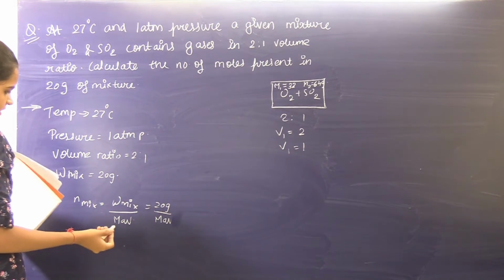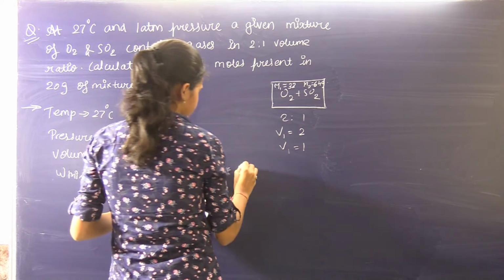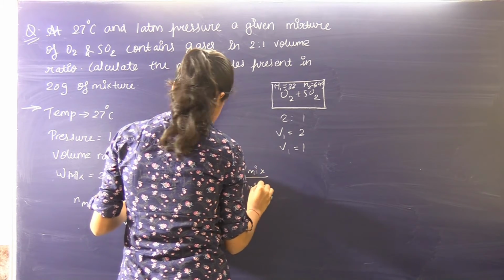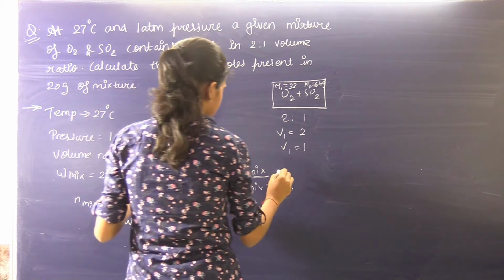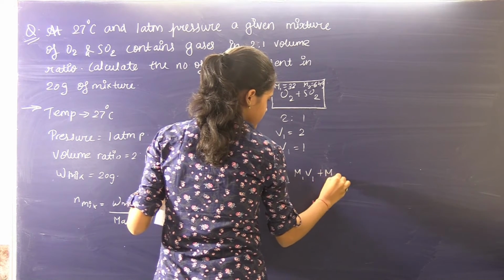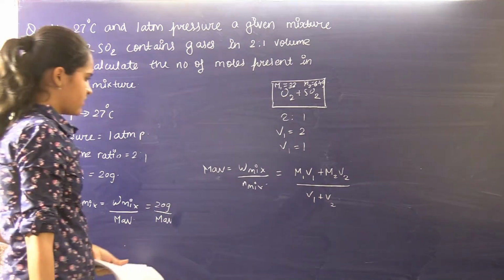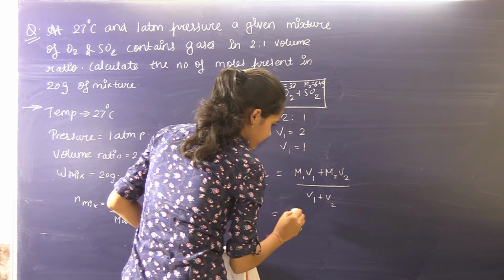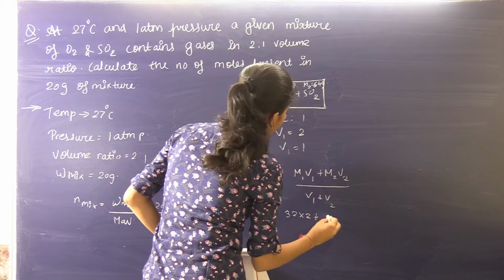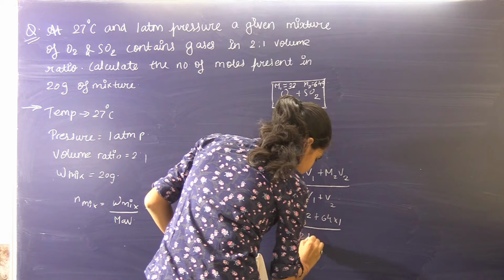So average molar mass of mixture will be M1 V1 plus M2 V2 upon V1 plus V2. So mass of O2 will be 32 into 2 plus 64 into 1 upon 2 plus 1.